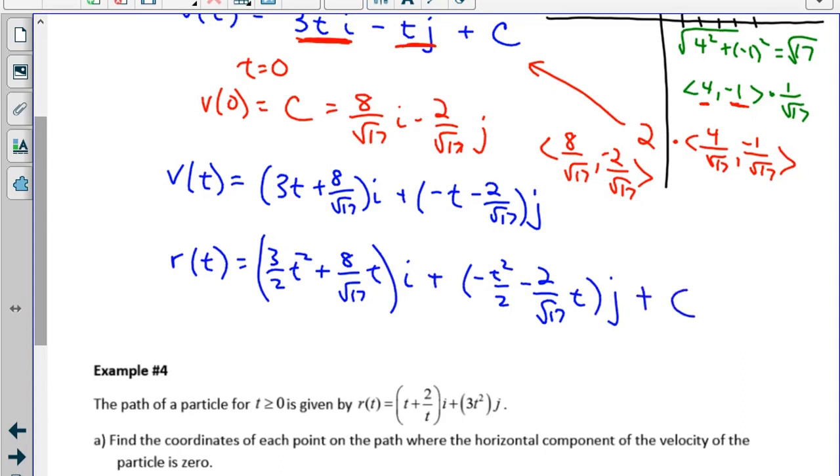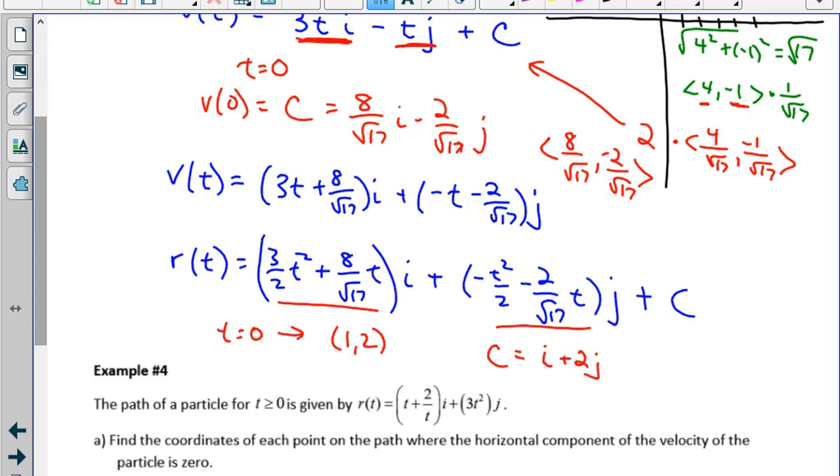And we actually know what this constant is because when t equals 0, I know that I'm at the point (1, 2) because that's what the problem tells me in the first sentence. So since that's true, when t equals 0, notice that all of this will go away, all of that will go away, and so my c has to end up being i plus 2j.